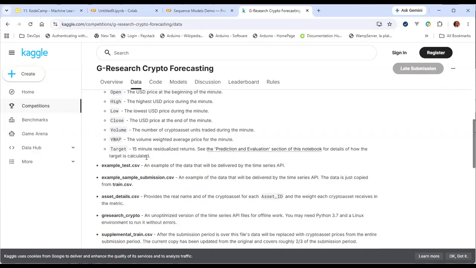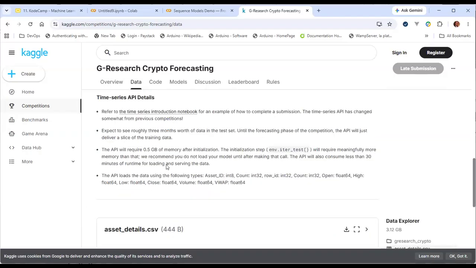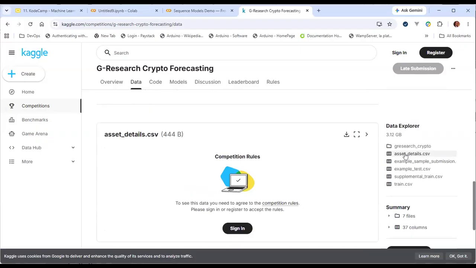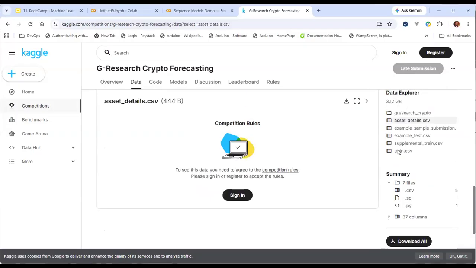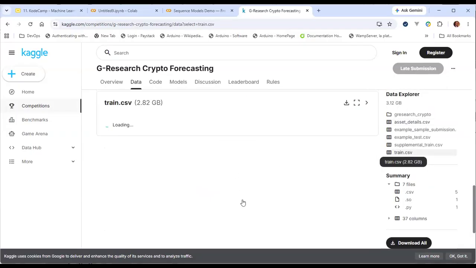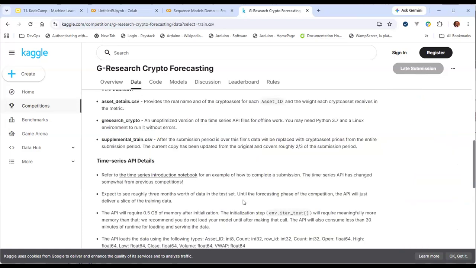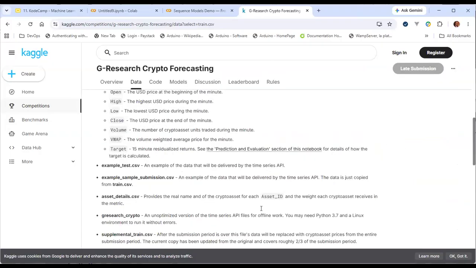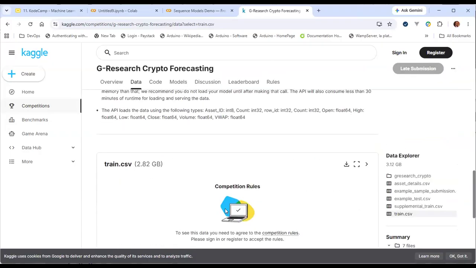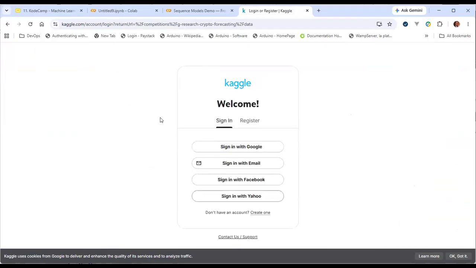Okay. So what you could do is take this. We have examples here: asset details, sample submission, supplementary. There are some files in here. So we can go with the train.csv. Oh, we have to log in. So I cannot use this. Let's see if I can log into Kaggle. It's been a while.